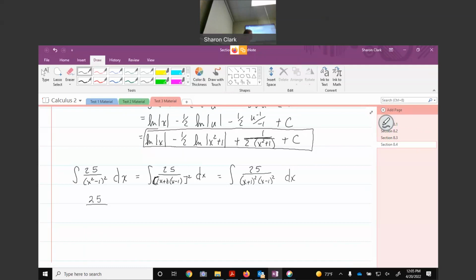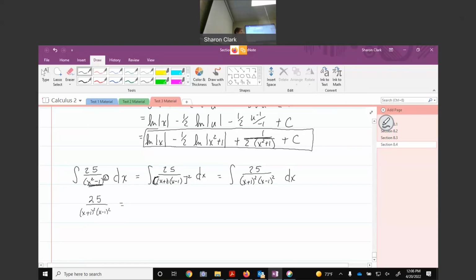I got rid of this square part by factoring, but then I still had this square that I had to put on it. Factor x squared minus 1 times x squared minus 1. So this is x plus 1 squared, x minus 1 squared.